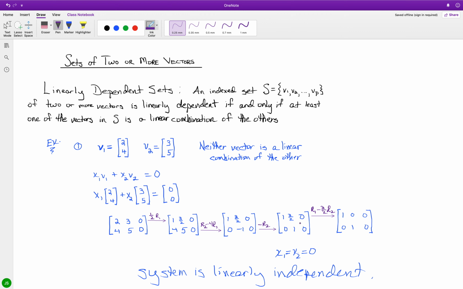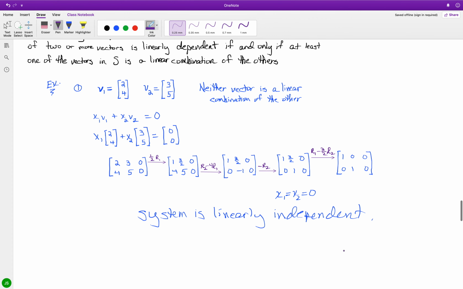Then to put it in reduced echelon form, I can take the top row and subtract 3/2 of the second row, so I have 1, 0, 0, 0, 1, 0, and we have x1 equals x2 equals 0, and neither vector is a linear combination of the other. If it were, then we would not have only the zero result throughout. So in this case, the system is linearly independent.